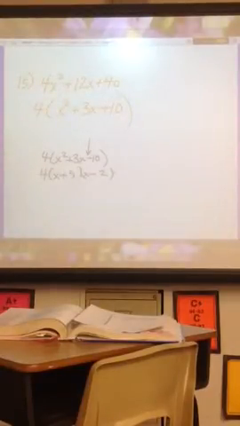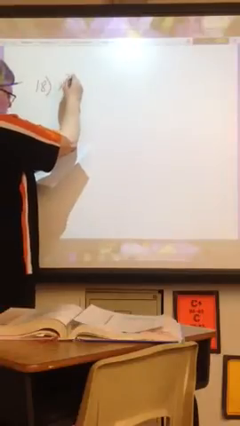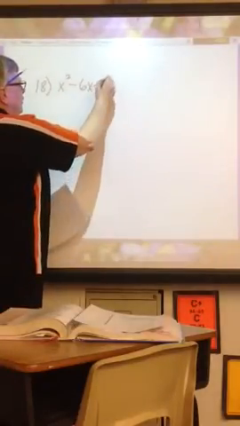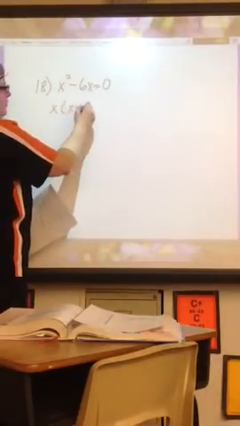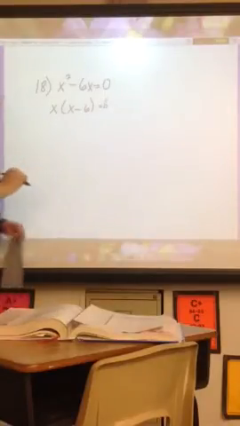All right. Are we good with the factoring side? Now, these last 3 problems, we're using your calculator, except for 18. On 18, you factored out an x, and then what do you do?